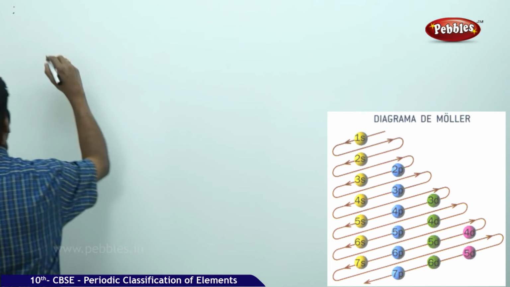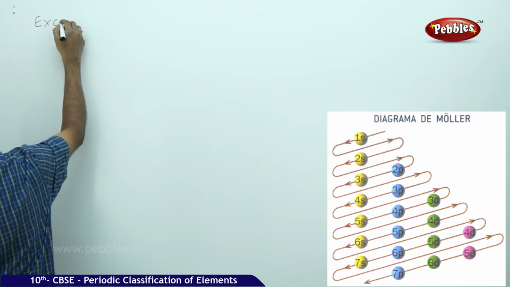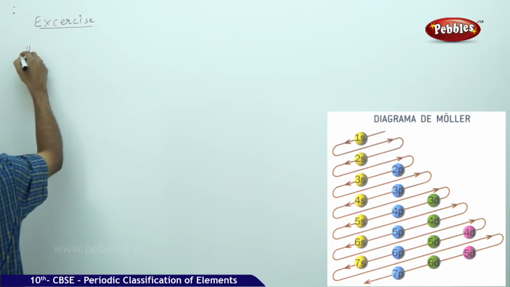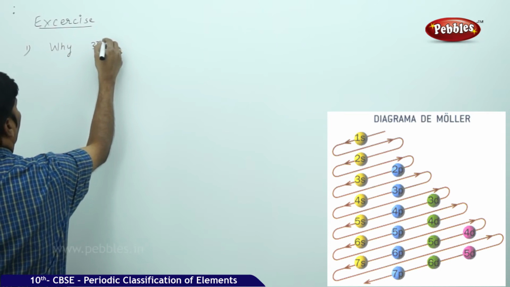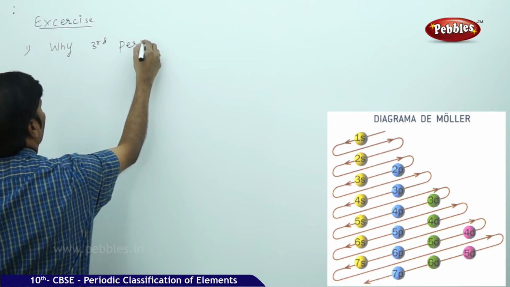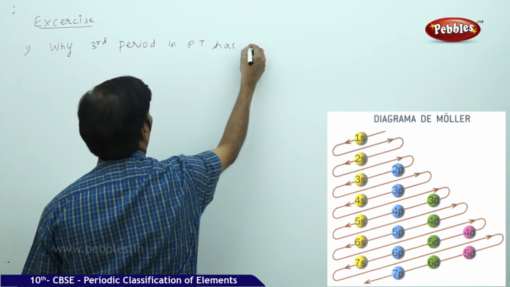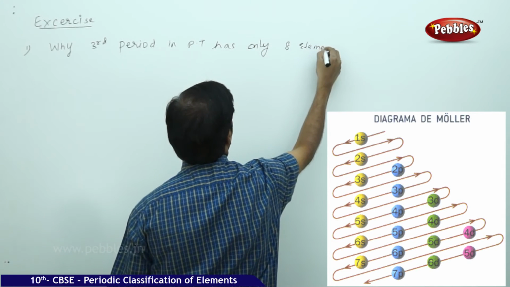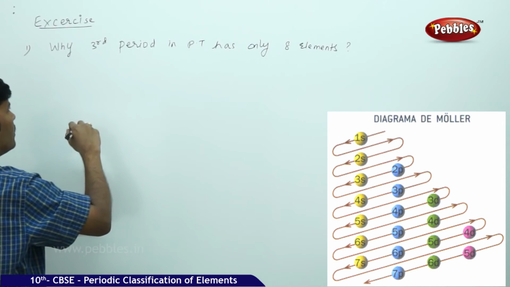Let me take one small exercise: why does the third period in the periodic table have only 8 elements? This you can answer.